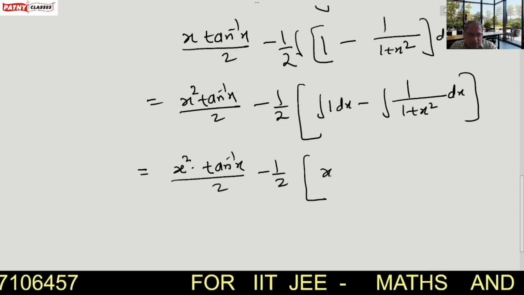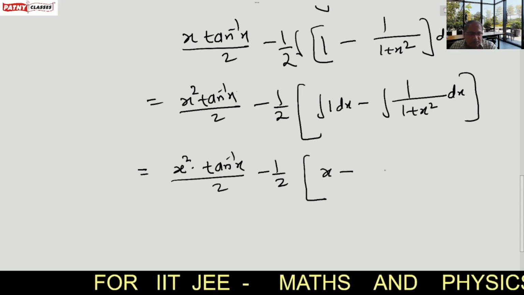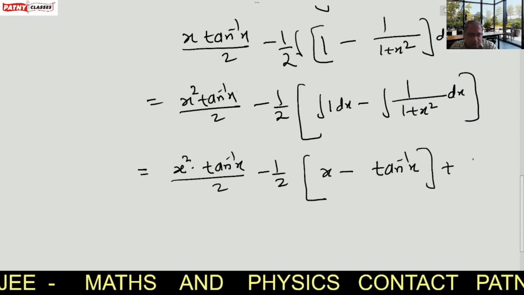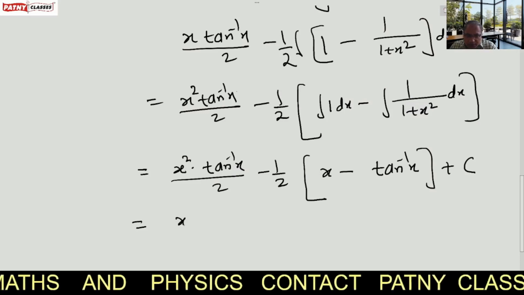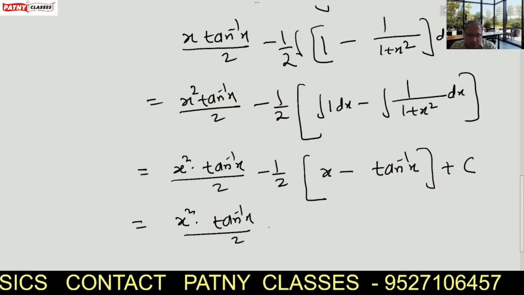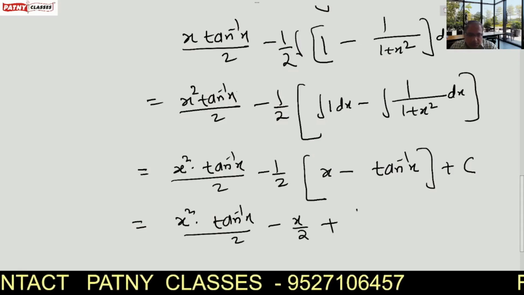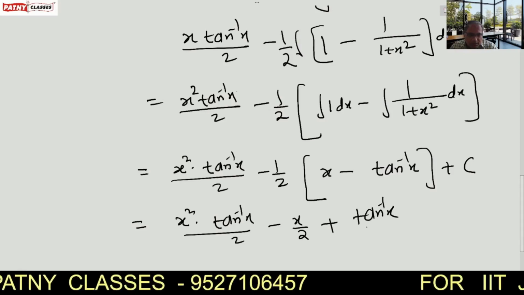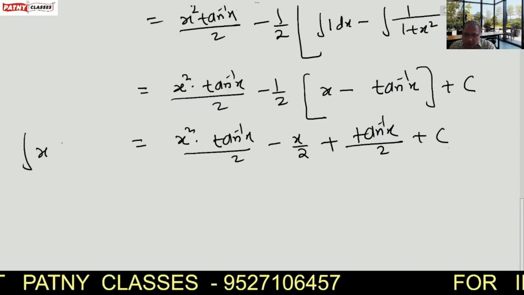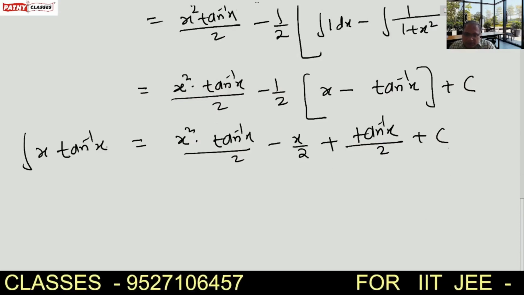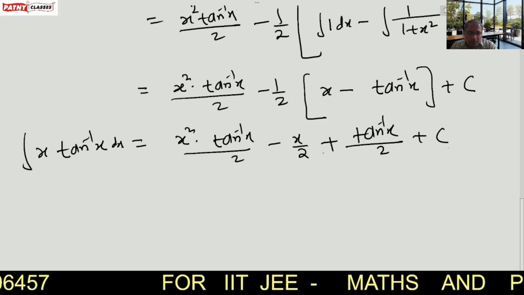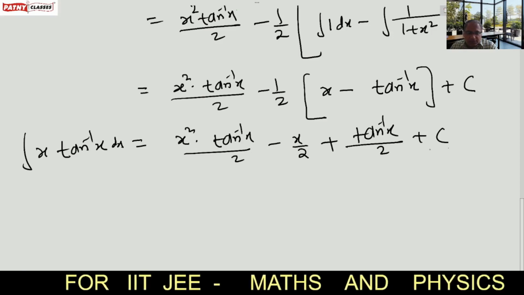Integration of 1 becomes x, and integration of 1 upon 1 plus x square is nothing but tan inverse x plus c. Now writing properly, x square tan inverse x upon 2 minus x by 2 plus tan inverse x upon 2 plus c. Therefore, integration of tan inverse x with respect to x equals x square tan inverse x upon 2 minus x by 2 plus tan inverse x upon 2 plus c.